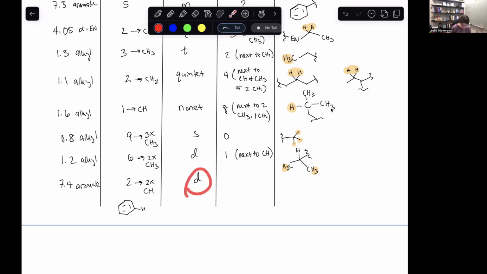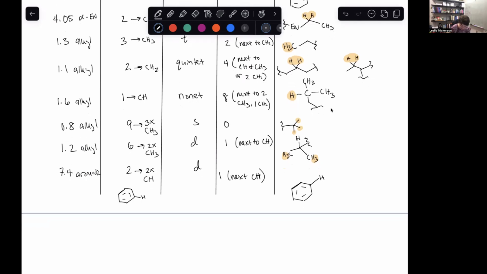Okay, if they are doublets, that means that they've got 1 neighbor. So it's next to a CH. Okay, but importantly, only one CH. So think about, depending on how you set up this benzene ring, I need to have an H there, and I need to have two of them, and they need to be doublets.